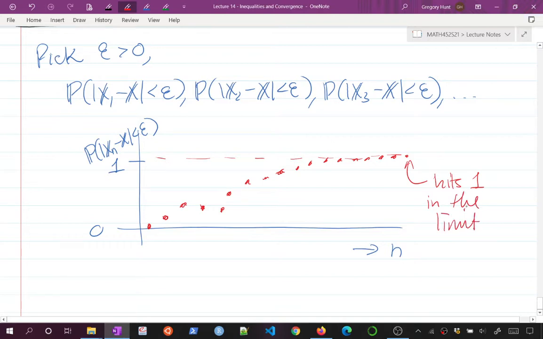The idea is that if I go far enough out in my sequence, the probability that Xn is within epsilon of X is 1. I can make the probability that Xn is less than epsilon away from our limit arbitrarily close to 1 by going far enough out in the sequence. That's the rigorous way of saying it.